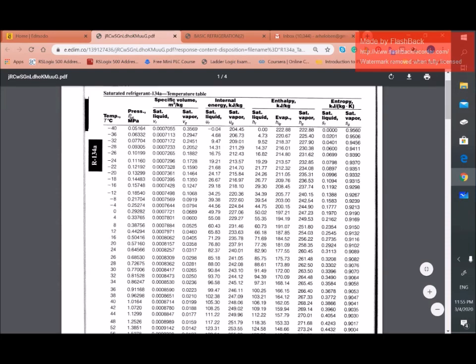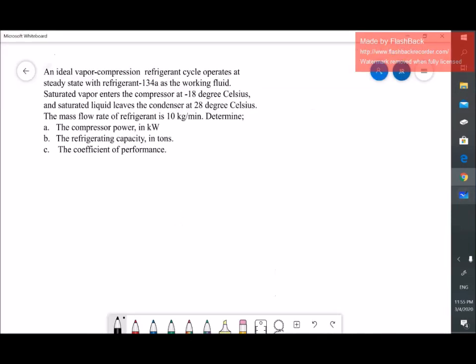Alright, let's look at our first question. It reads, an ideal vapor compression refrigerant cycle operates at steady state with refrigerant 134A as the working fluid.